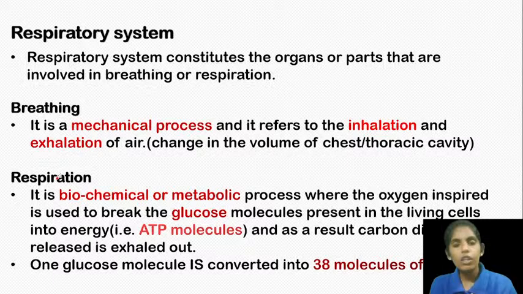When we inhale air, along with some different gases, we take in the oxygen, which is the major gas required for our body. When we inspire, the oxygen is utilized for different physiological processes. The importance of oxygen is that it is used to produce energy by breaking down macromolecules like glucose and lipids.